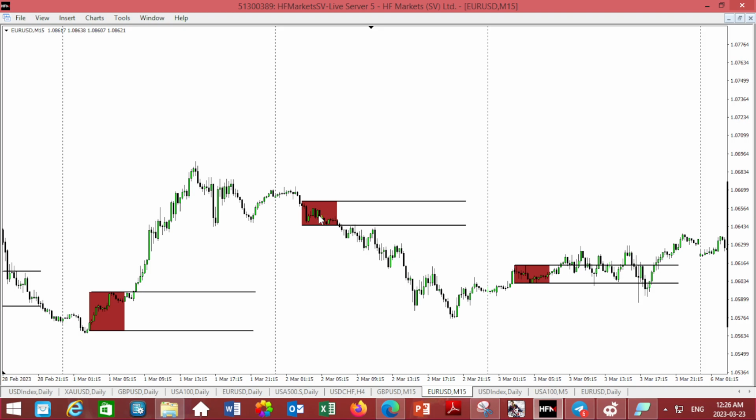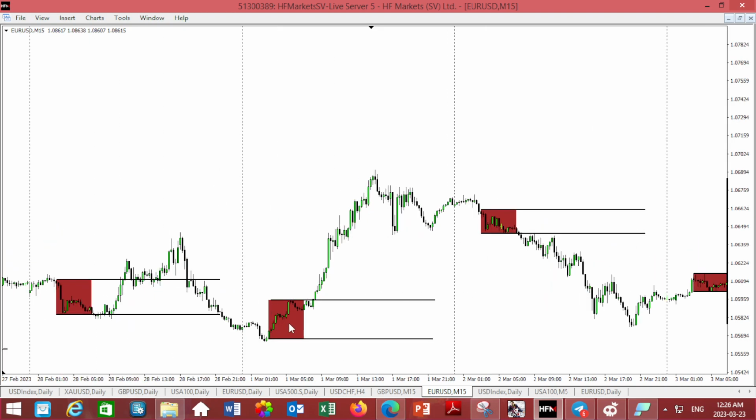And sometimes this is what takes place. Price doesn't go above the high or the low, it just breaks the low there, and then it retests it and continues going down. So like here, price was bullish, breaks above the high there, then immediately that candle opens and then it continues to dump to go all the way up.